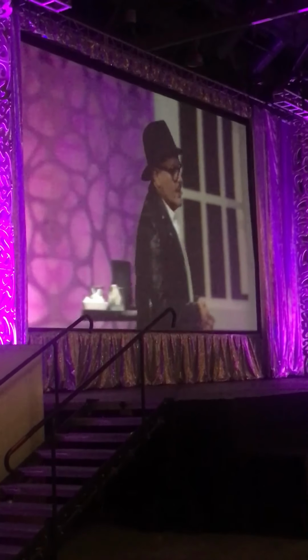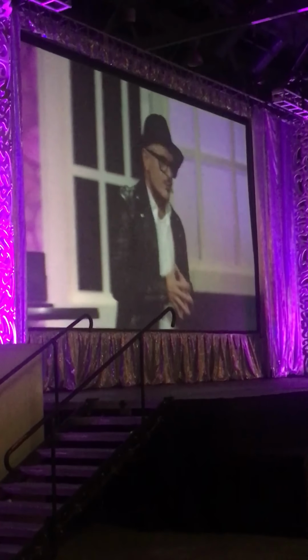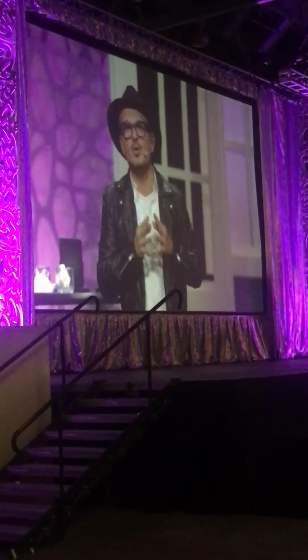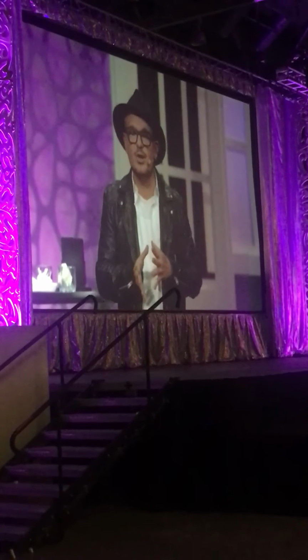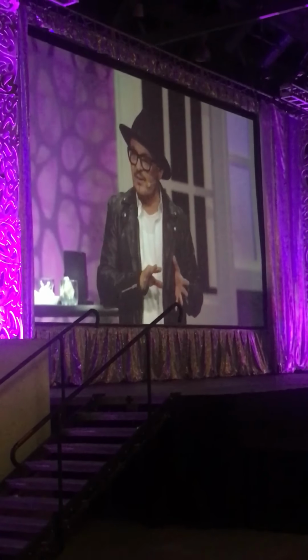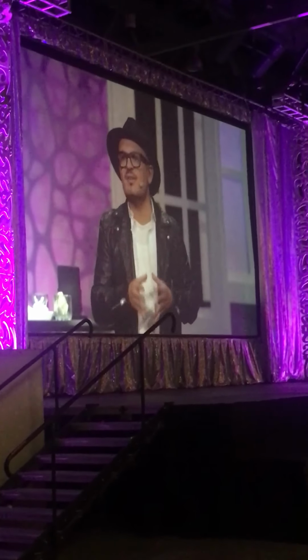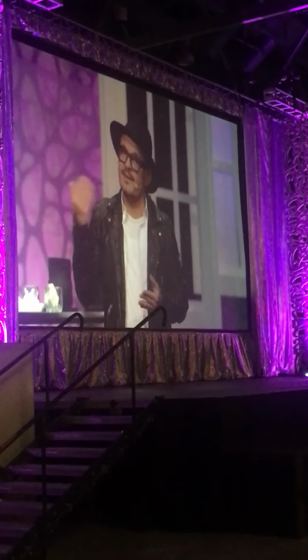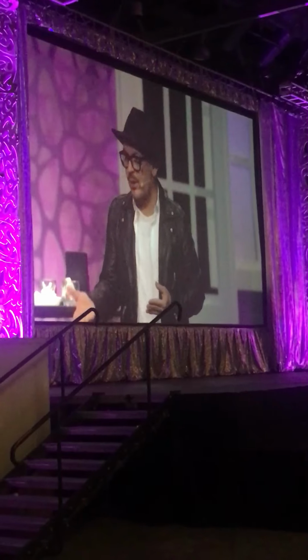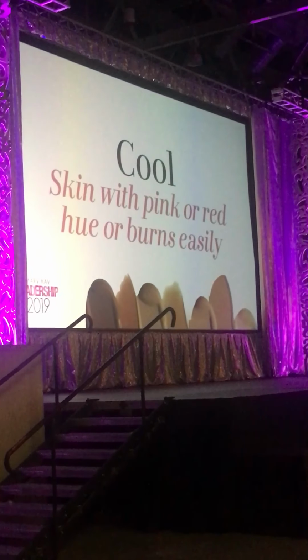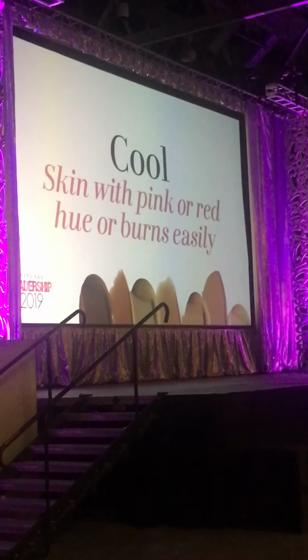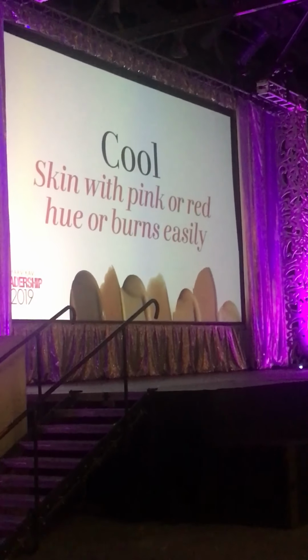So the method I find to be the most reliable is to look to see if she has a pink hue or redness in the skin. That's pretty easy to figure out. And ask if she tends to burn easily. In that case, she's a cool undertone. So remember, if she burns easily, if her skin is pink, then she's a cool undertone.